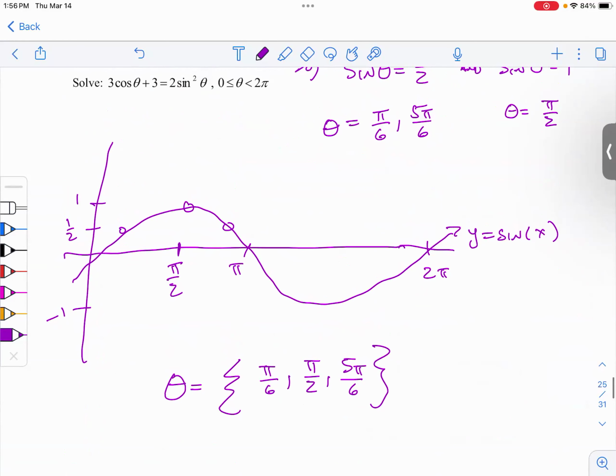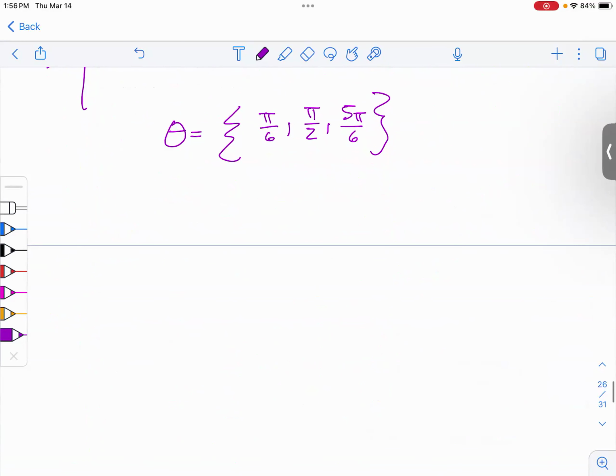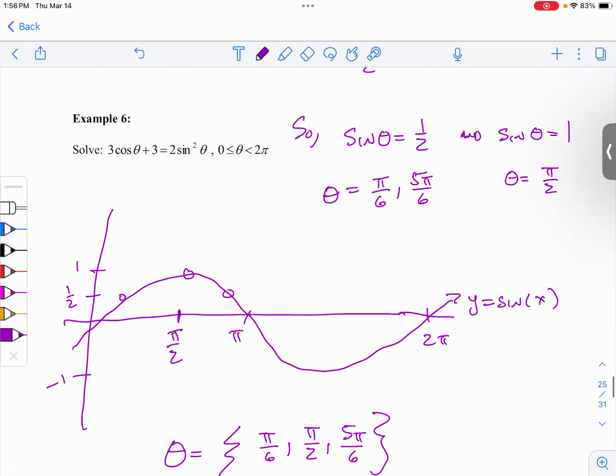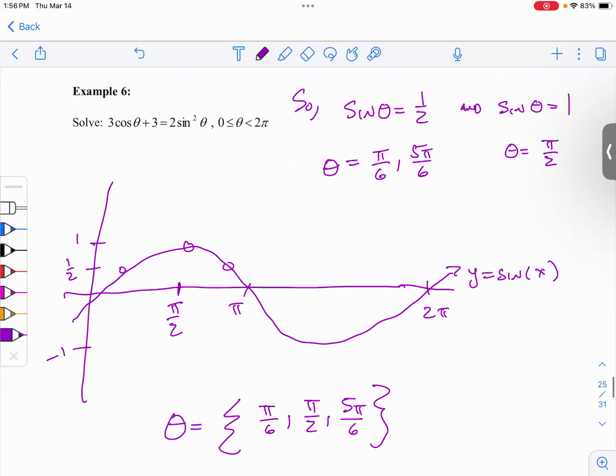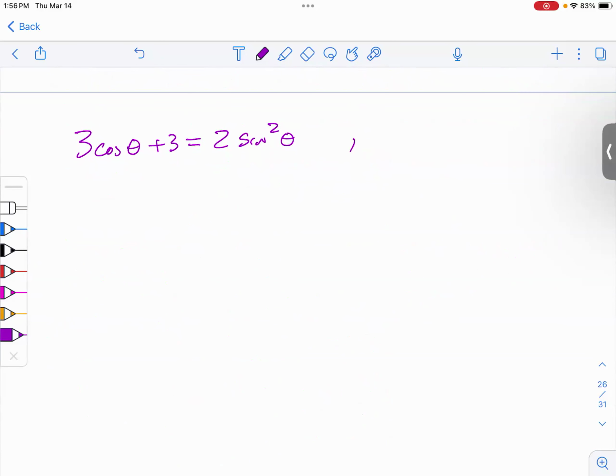Okay. 3 cosine theta plus 3. The other kind of trick we need to do is when we're solving equations, I don't want 2 graphs if I can avoid that.